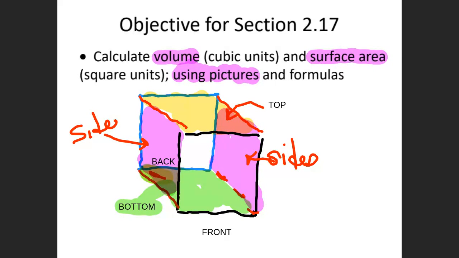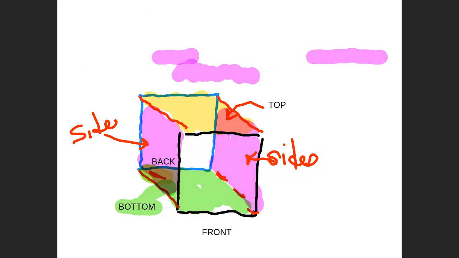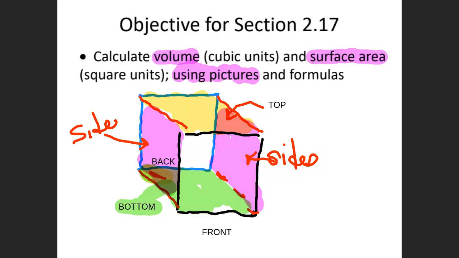But remember, each little sugar cube has a front, a top, a bottom, a back, and sides. That is how you are going to determine what we need.